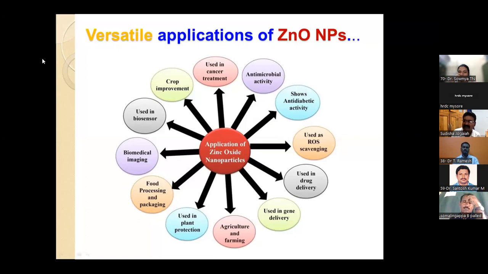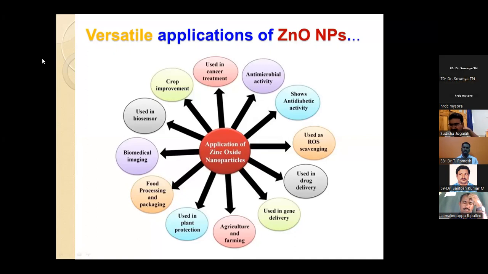Almost in all the fields, zinc oxide nanoparticles can be used, in biosensors. It's very strange. You know, biosensors nowadays are used for detecting materials like quantum dots. These are all the materials used, and zinc oxide nanoparticles are usually considered a most important element.